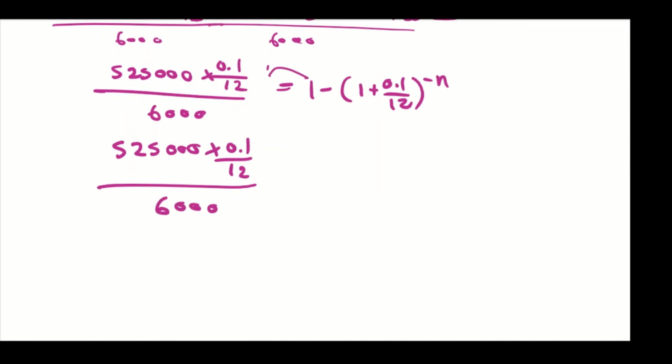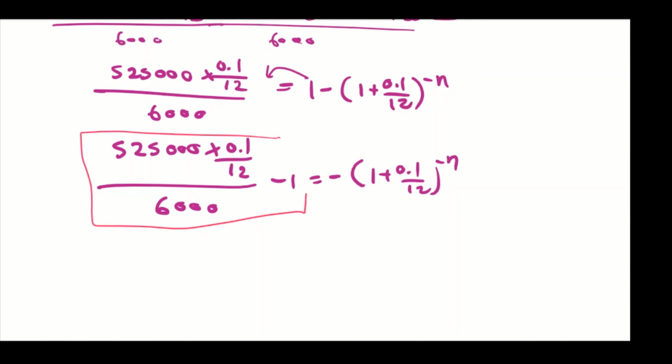So we're going to transpose the 1 to the other side. You have minus 1 is equal to minus (1 plus 0.1 over 12) to the power of minus n, and then now you can start punching this whole expression into your calculator. Just punch it in the calculator and tell me what you're finding.